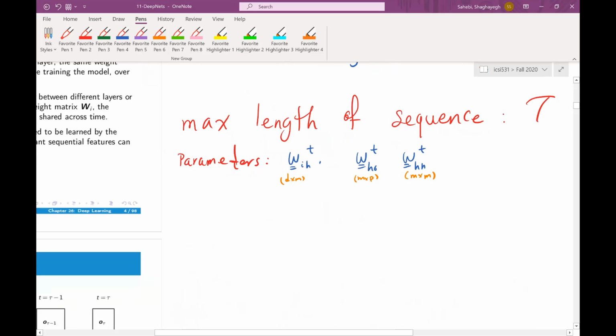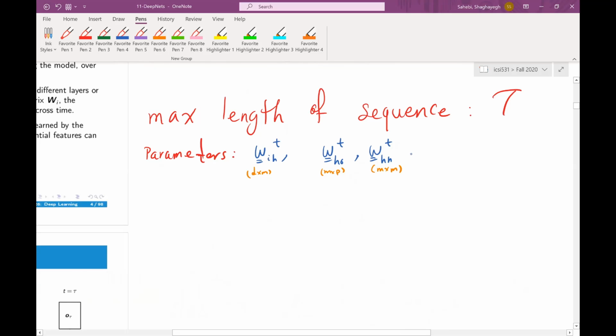Also, we have the biases, so it's BHO at time t and BH at time t, and these are vectors. So for each sequence time, we can have a different set of parameters.